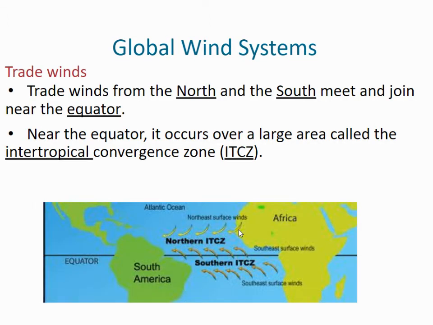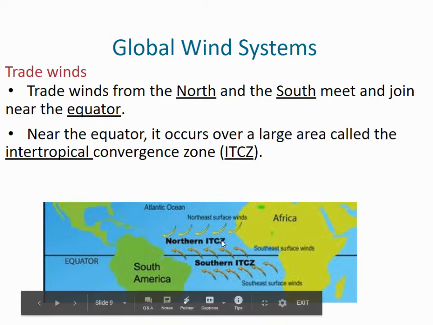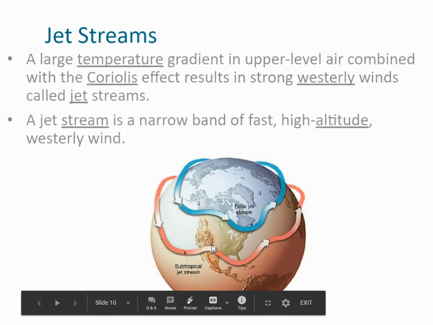Trade winds from the north and south join at the equator, and that's where you have your intertropical zone. So we have a lot more weather systems push into this area. This is where you'll see a lot of your hurricanes start to create.